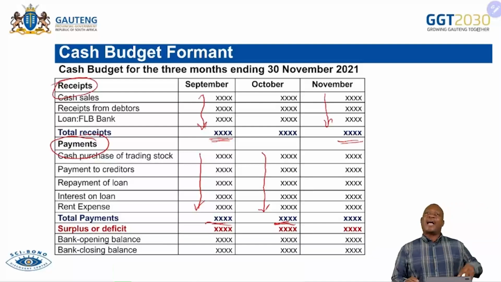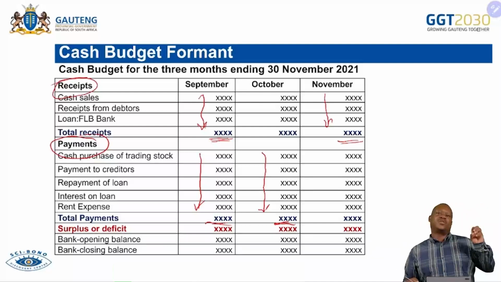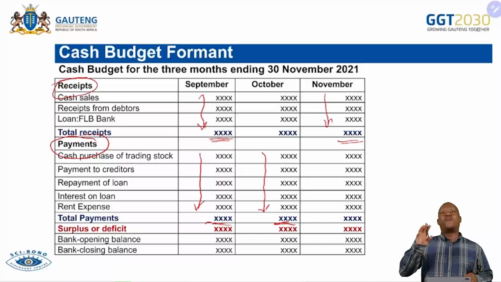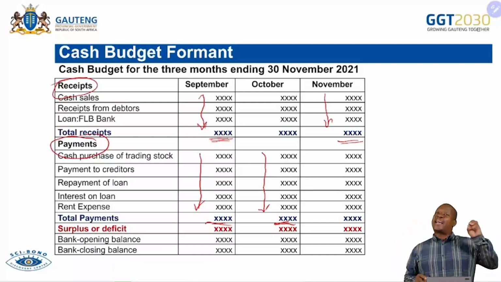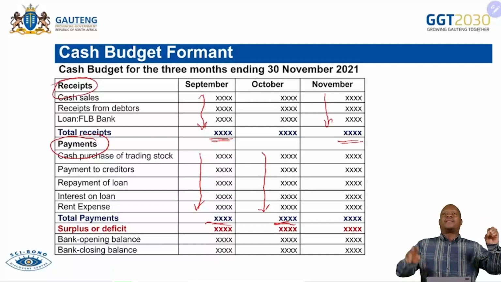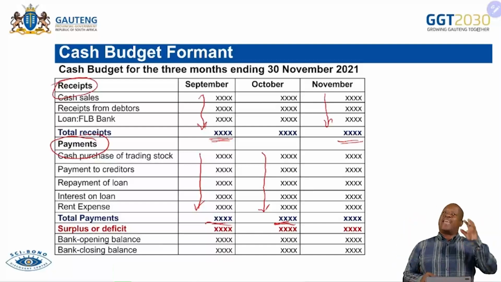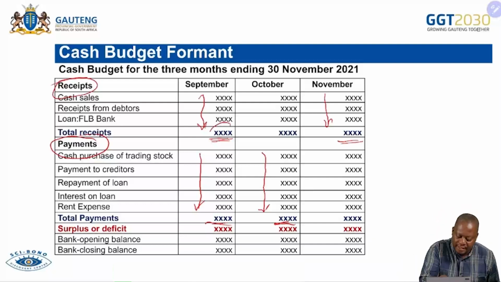It is to check how much we are expected to receive versus how much we are expected to pay. If you are expected to receive more than payments, it means you are going to have extra, and we call that surplus. So we are now going to say total receipts minus total payments.